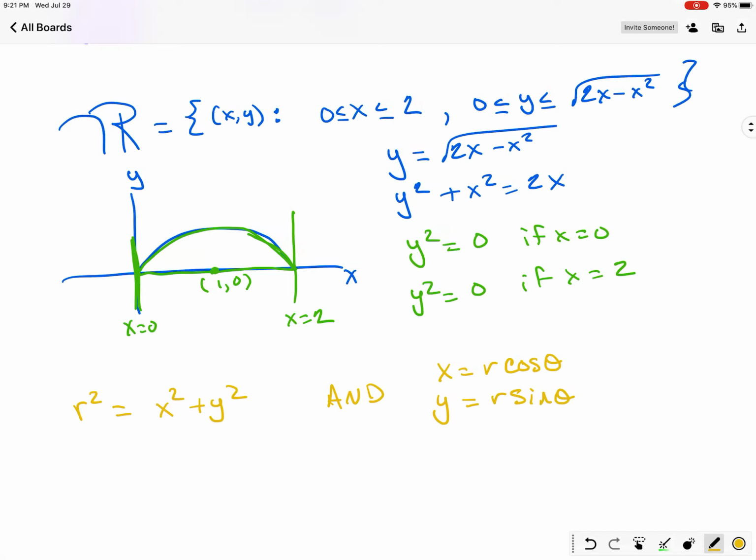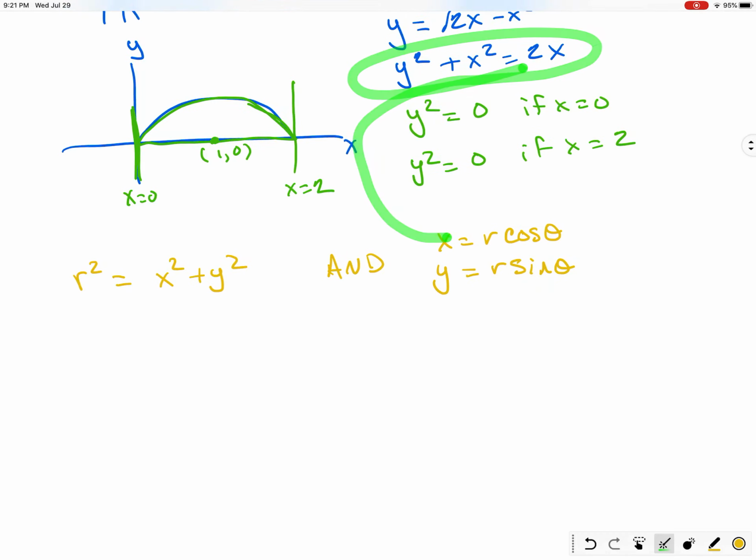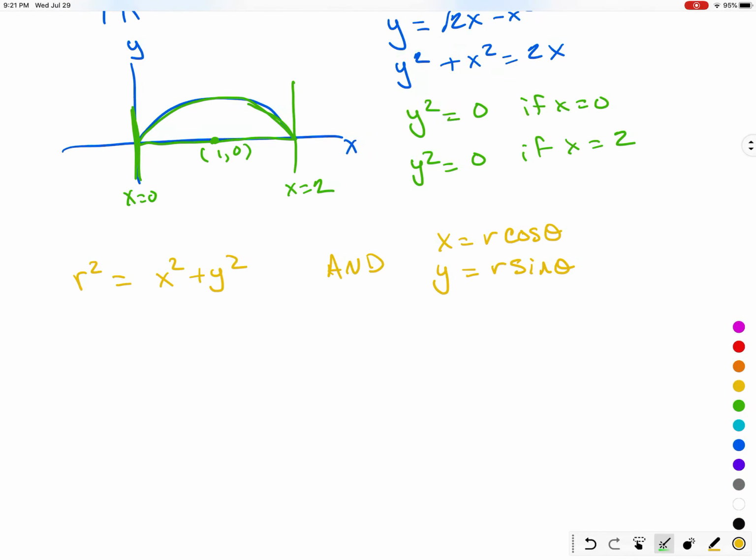And so I'm going to plug these two equations into these bounds, and I'm actually going to do it into this version just because it makes the algebra a little simpler, I think. So let's do that.